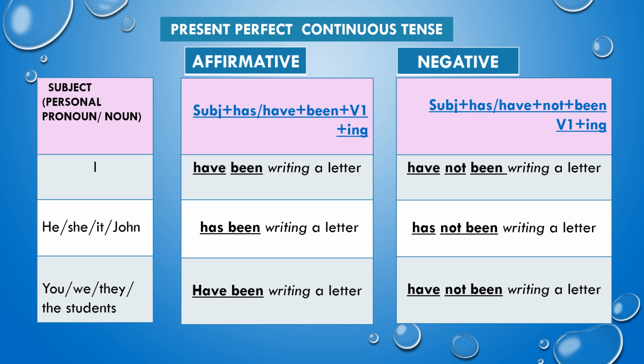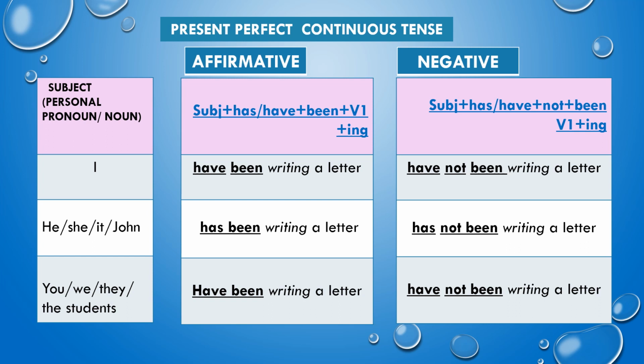If we were to use I in the negative form, in the present perfect continuous tense, we have to use have not been. And if we were to use he, she, it, or singular noun or John, in the negative form, we have to use the words has not been.